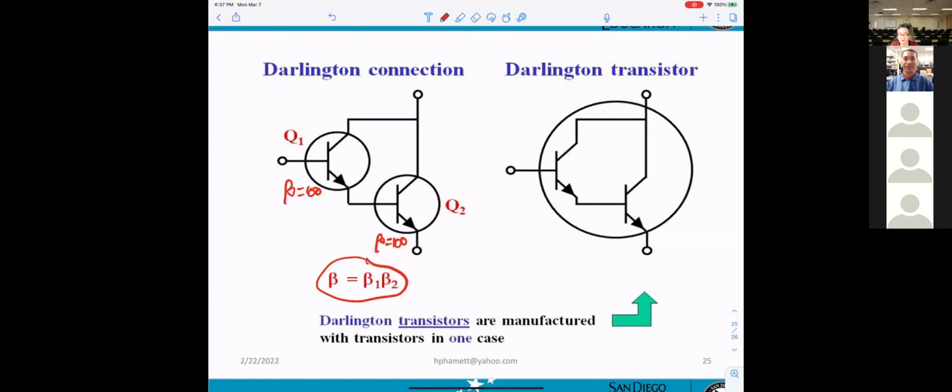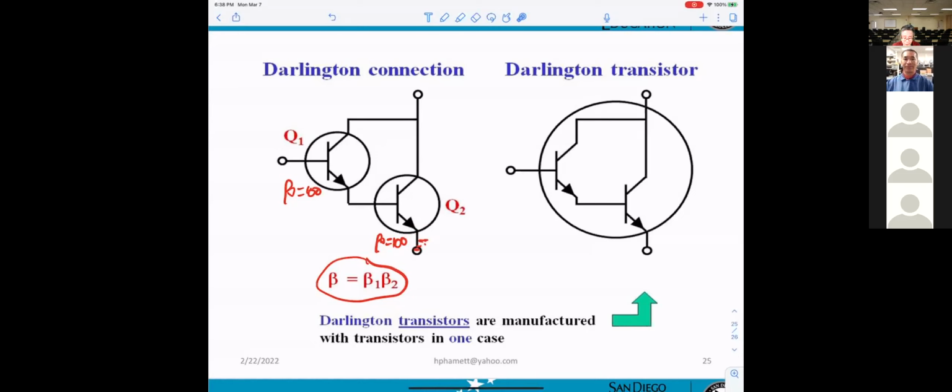When they want to get more current, they use a Darlington connection. However, whenever you're working with a Darlington connection, you have to be very, very careful. When you try to measure, and for some reason your ground touches here, it will be cooked right away. I think that's a very high current.